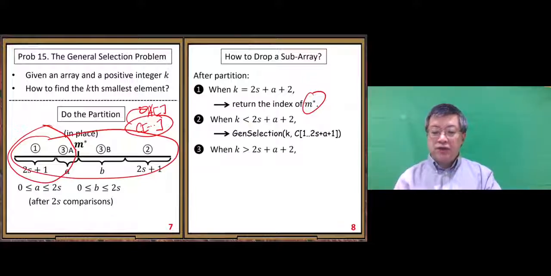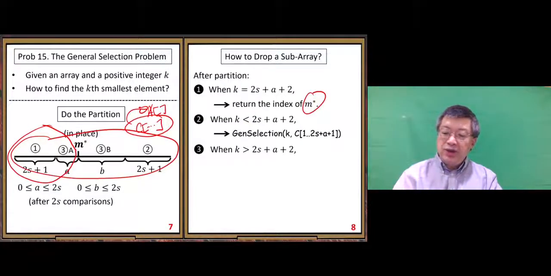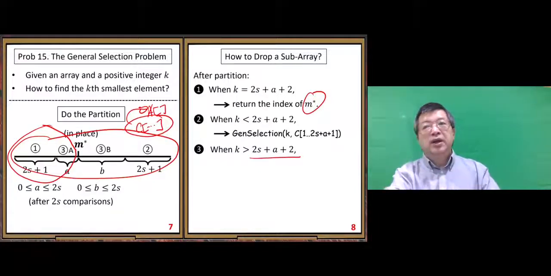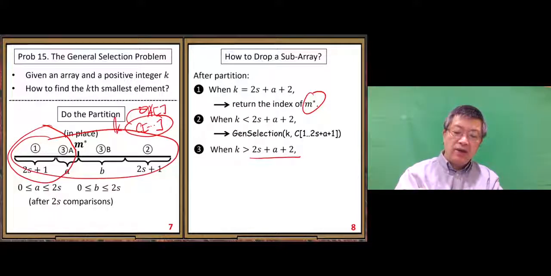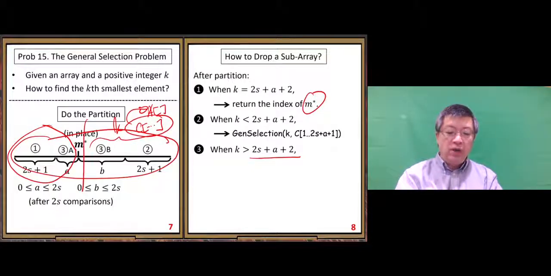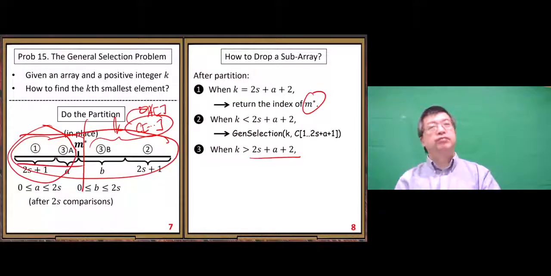The last case, case 3, when k is greater than 2S plus a plus 2, this time we need to make a change on the rank number. Because this time k is in the right subarray. So we need to drop the left subarray and M star. We need to drop all those elements. Now, after you drop these elements, then the k number will be changed.